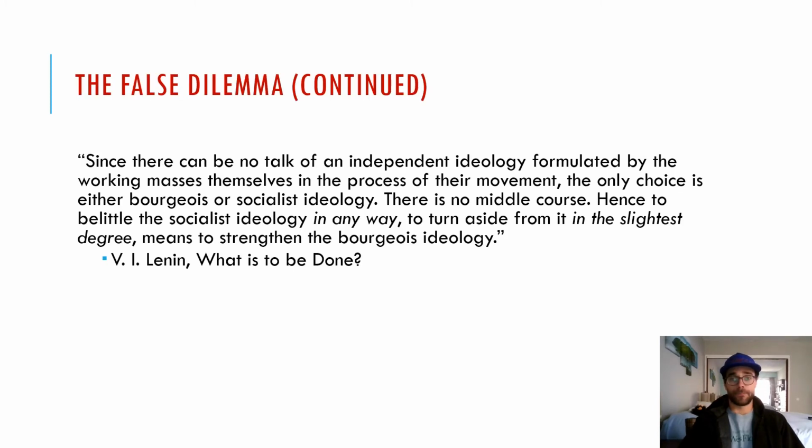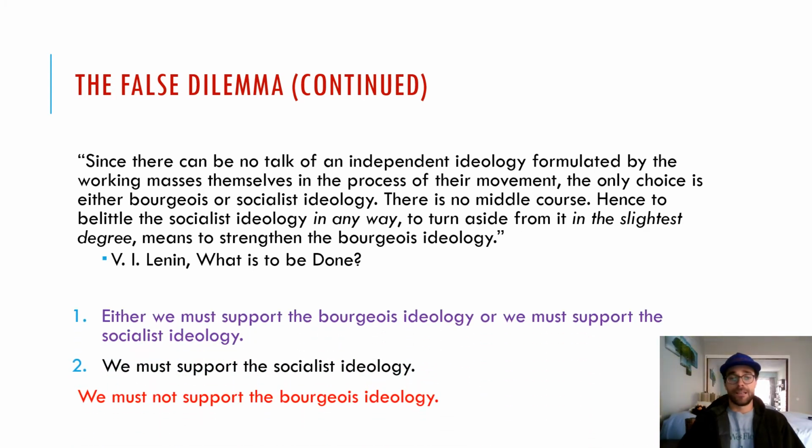For example, in standard form, we would be arguing that we must not support the bourgeois ideology, and we get there by thinking that either we must support the bourgeois ideology or we must support the socialist ideology. And we must support the socialist ideology, therefore we must not support the bourgeois ideology.